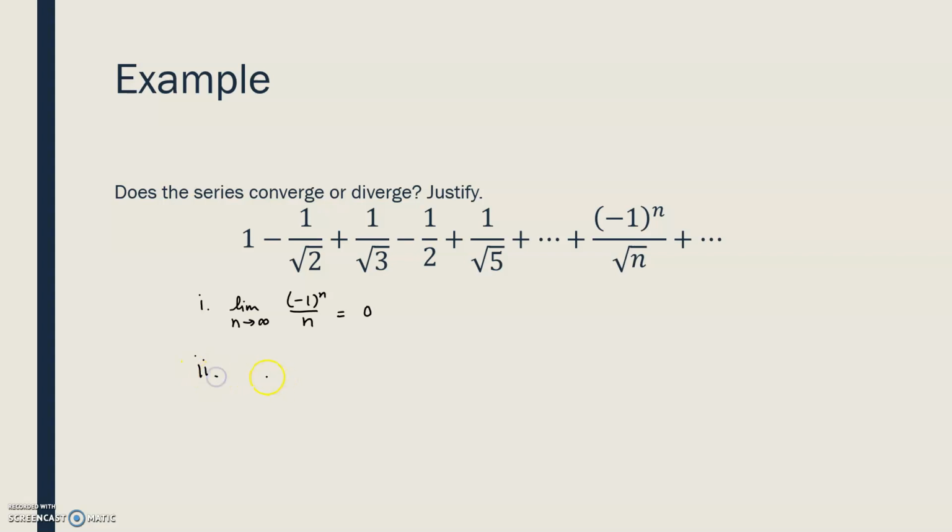And then the second part is if I look at it without the sign, is the next term less than the previous term? And it is, because the denominator is bigger. So, and that's enough. So the alternating series test says that yes, it converges.